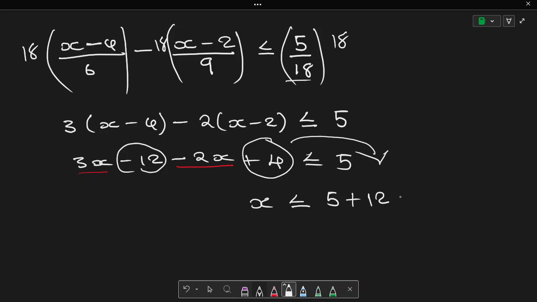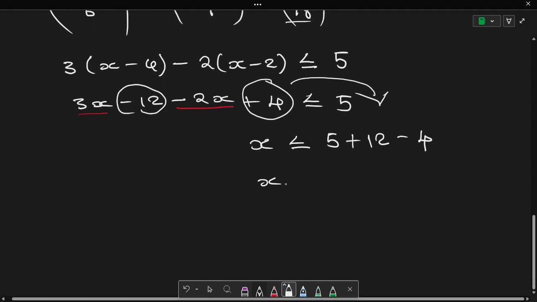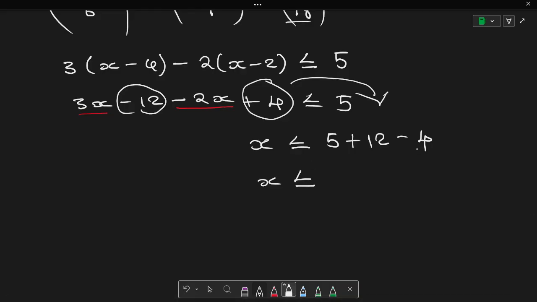Then when plus 4 goes to the other side, it will be minus 4. So x is less than or equal to 4 minus 5, that's negative 1, plus 12, that's 13. So your answer is going to be 13.